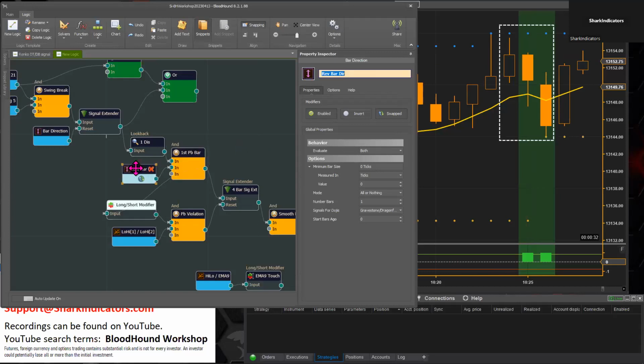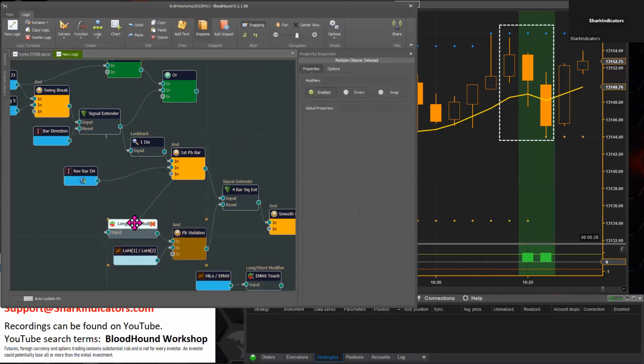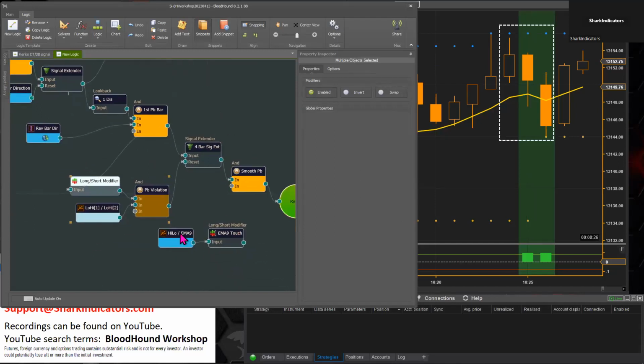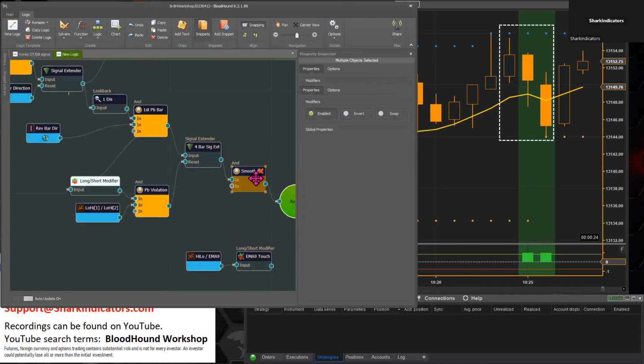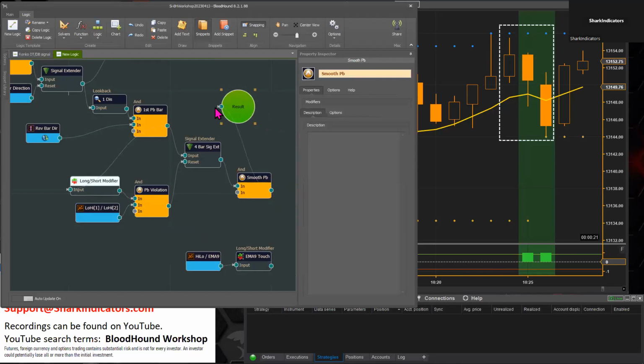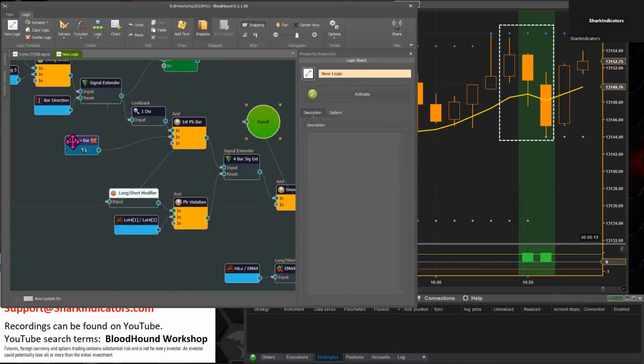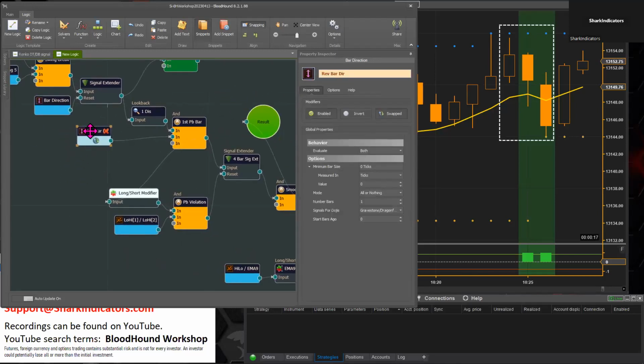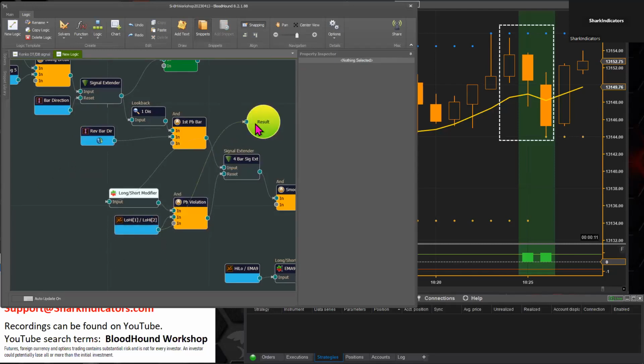So let's expand upon that. I'm going to need to move this stuff out of the way a little bit. There we go. All right, let's just expand upon that. I wonder if I already have a solver built.